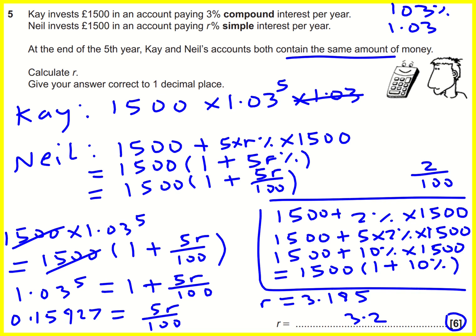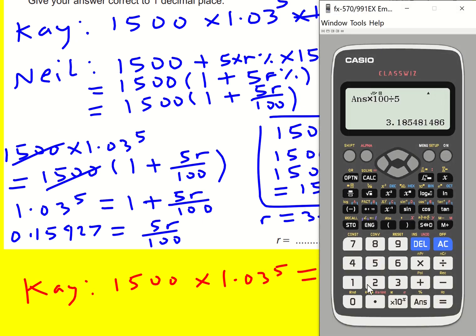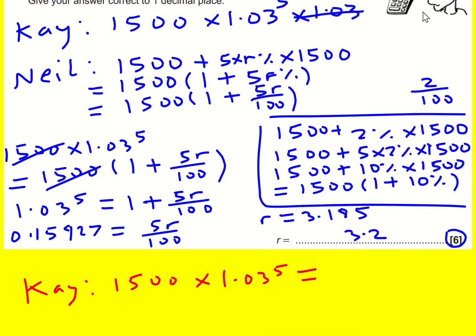I'm just going to talk quickly about an alternative way that you might prefer, and that is to find out how much K has. So K has 1500 times 1.03 to the 5. They have 1738.9.